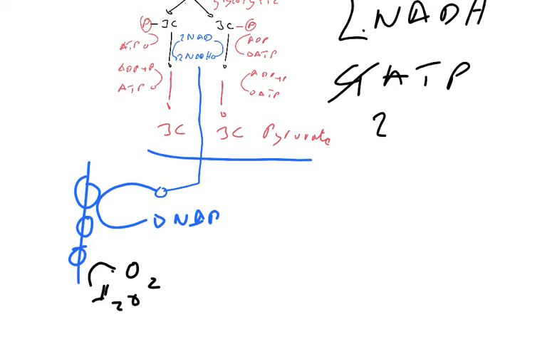Now, if you haven't got any oxygen, the alternate plan is to take these NADHs and put the electrons onto the pyruvate and turn it, in bacteria and in humans, into lactic acid.